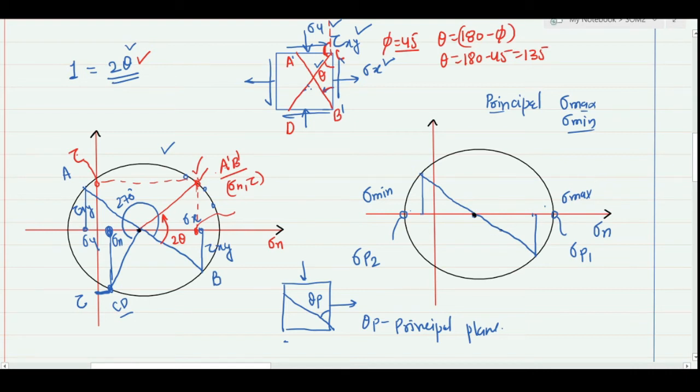So we have to measure this angle, and this will be considered as 2 theta p. Suppose this angle comes out 60 degree. So my 60 degree will be 2 theta p, and theta p will be half of this value, that will be 30 degree.